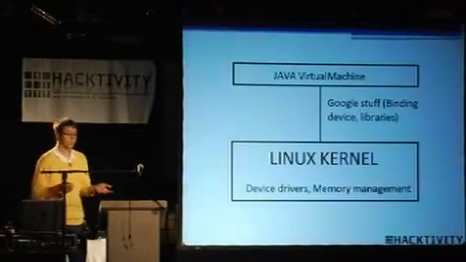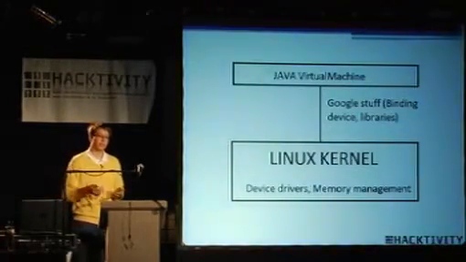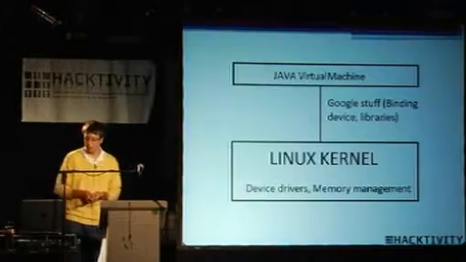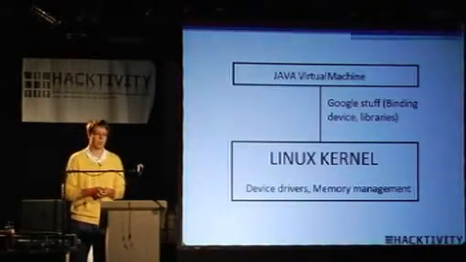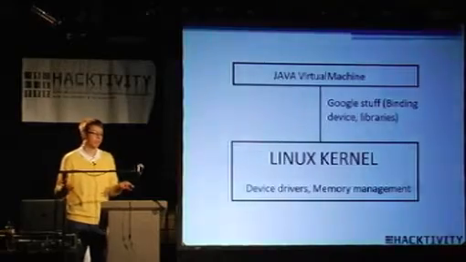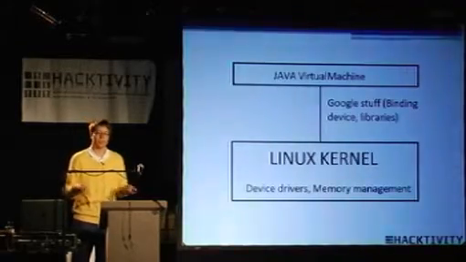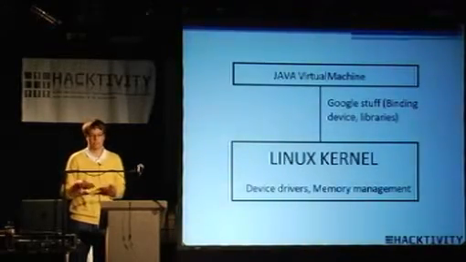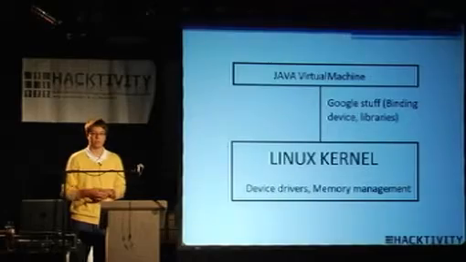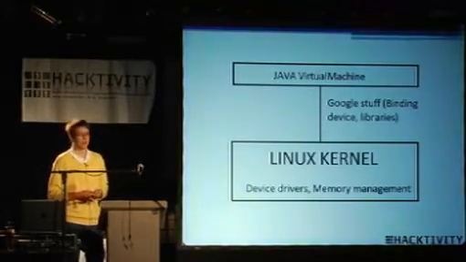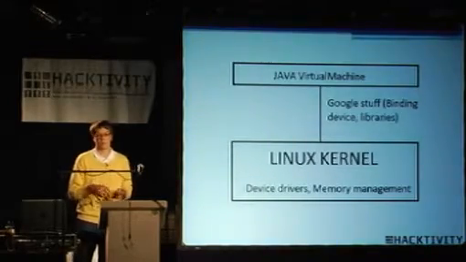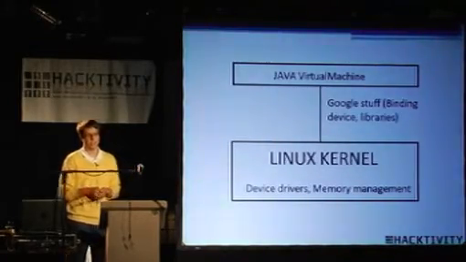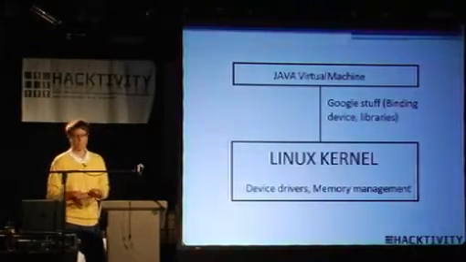And then the architecture is next. We have a Linux kernel which actually carries out all the dirty work, like device drivers and memory management, and in addition to that, you have a Java virtual machine. And the JVM is actually providing you with the user interface and all the applications that you're using. And then the two things are connected by Google's binder, binding device libraries and so forth.